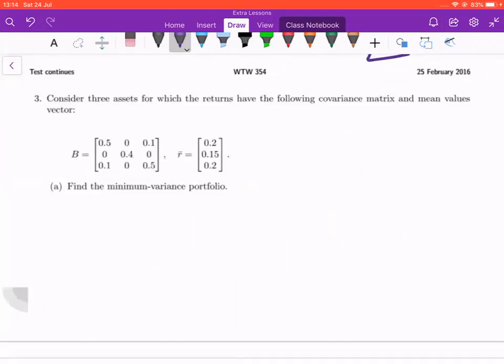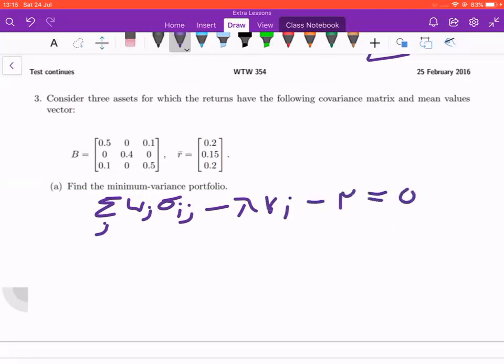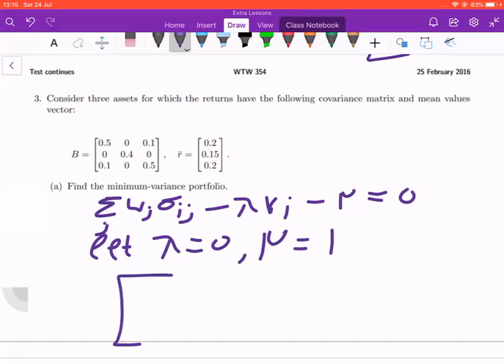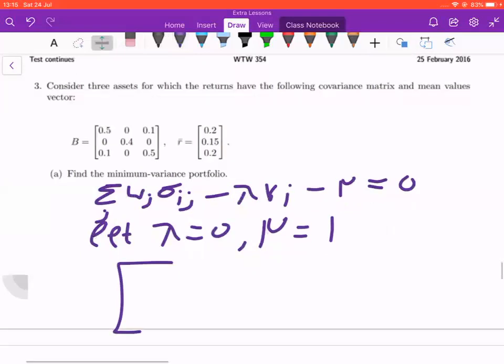To find the minimum variance portfolio, you're going to have the weight of j times the covariance of ij minus lambda times ri minus mu equals 0. And then you let lambda equals 0 and mu equals 1. If this is the case, this is what you will get.